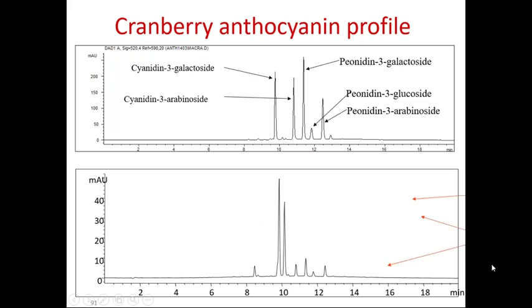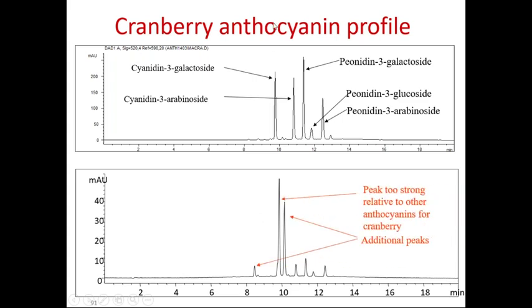So what does this show? When you compare the profile of the pure juice with that of the juice which you suspect to be adulterated, what you see is this peak here is too strong compared to pure cranberry juice. These two peaks you do not find in cranberry juice.